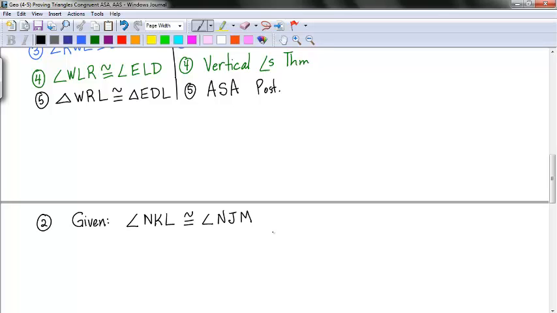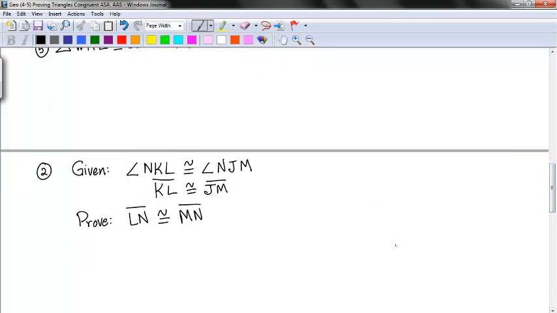You're also given segment KL is congruent to segment JM. They want you to prove that segment LN is congruent to MN.